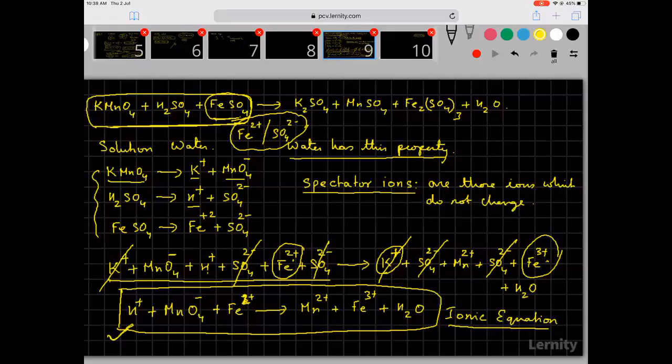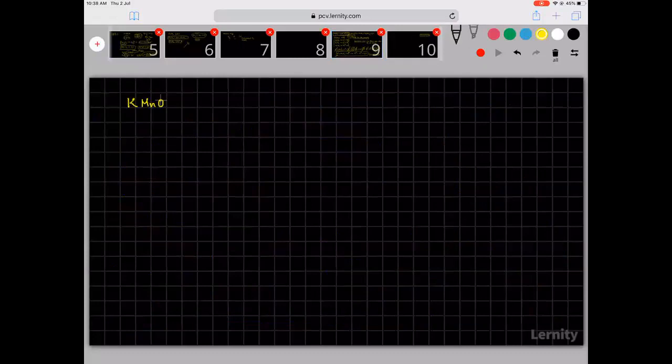Suppose I have another equation, KMnO4 plus H2SO4 plus HCl.